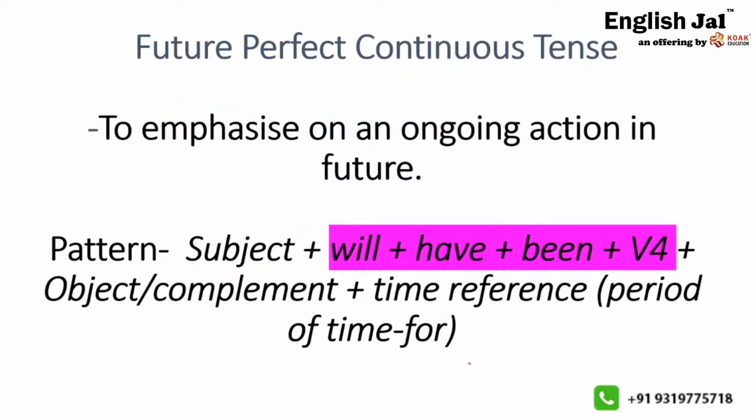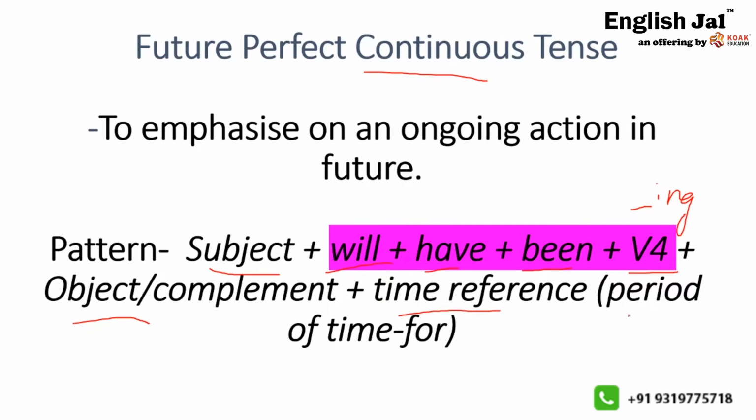Let's look at the example and the pattern for the same. The pattern goes that you will have your subject, using will, have been plus ing. Now, the fourth form of verb is the ing form of verb, and ing is used whenever you find continuous tense. So subject plus will plus have been plus fourth form, then comes your object or complement, and then comes your time reference.